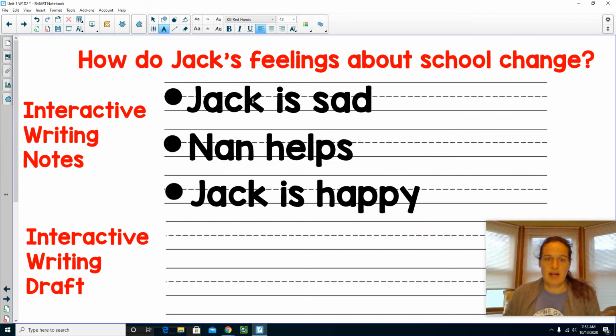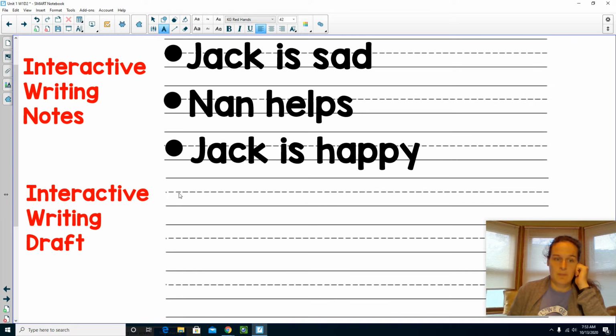So we have our notes here now. And remember that Jack is sad because he can't reach. Nan helps him reach. Jack is happy at school. So let's go ahead. And I'm going to make sure I use capital letters and punctuation. And if I don't, we'll go back and correct it. So again, our question is, how do Jack's feelings about school change?